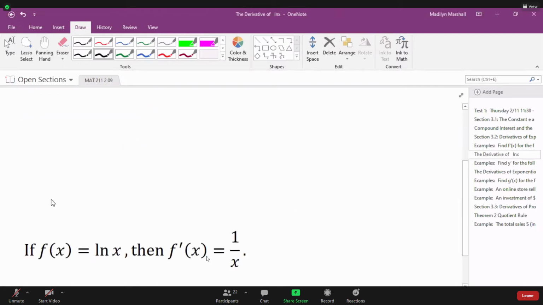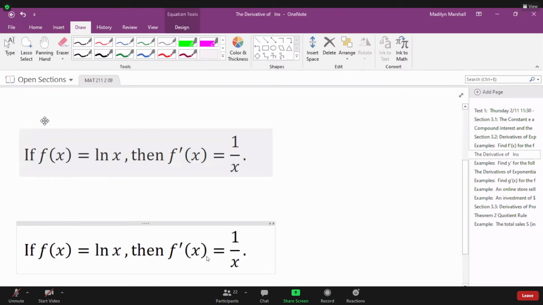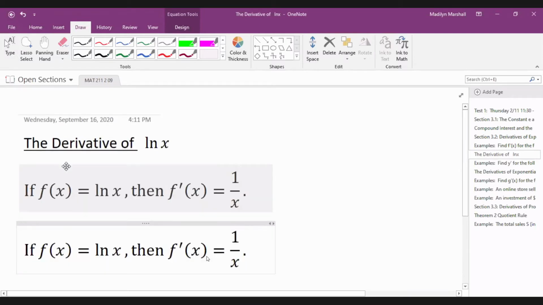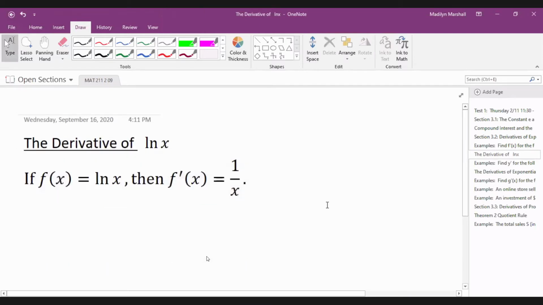So if we are going to take the derivative of natural log, this is it. And this is also in the book.